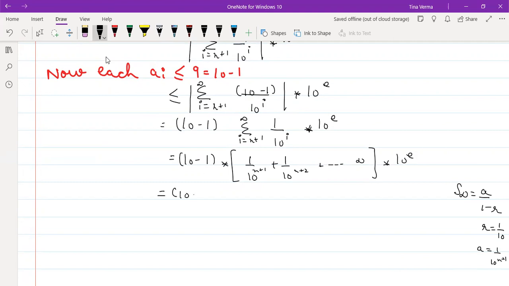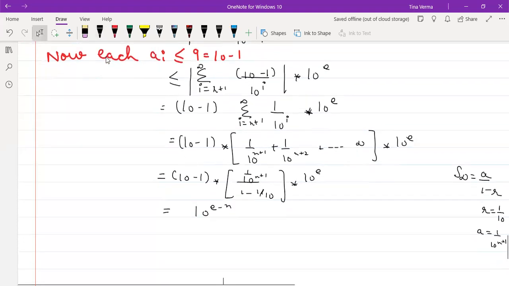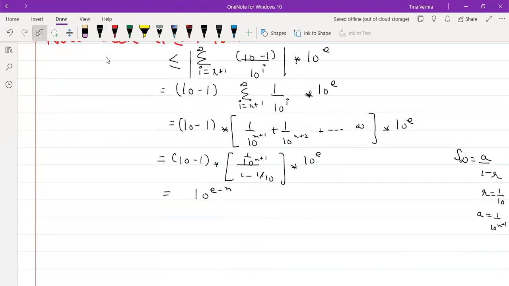So when you solve this, 10 minus 1, this is 10 raised to the power e, and when you solve this, you will get 10 raised to the power e minus n. That means your absolute error at most, in case of chopping, can be 10 raised to the power e minus n.